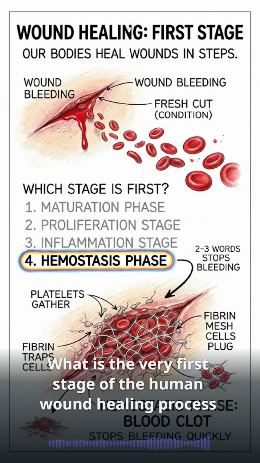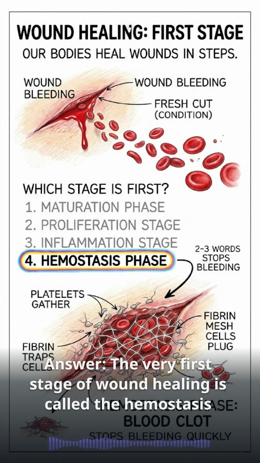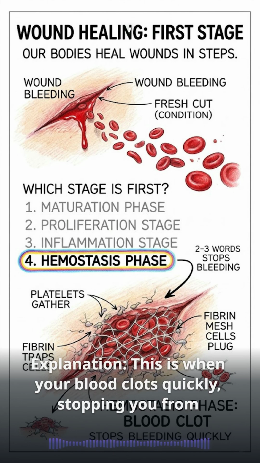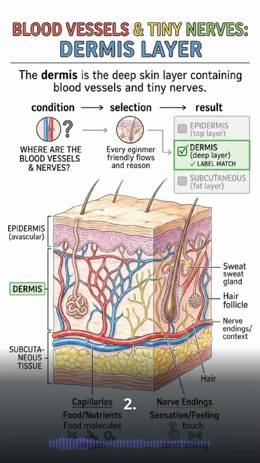1. What is the very first stage of the human wound healing process called? The very first stage of wound healing is called the hemostasis phase. This is when your blood clots quickly, stopping you from bleeding out fast. 2.